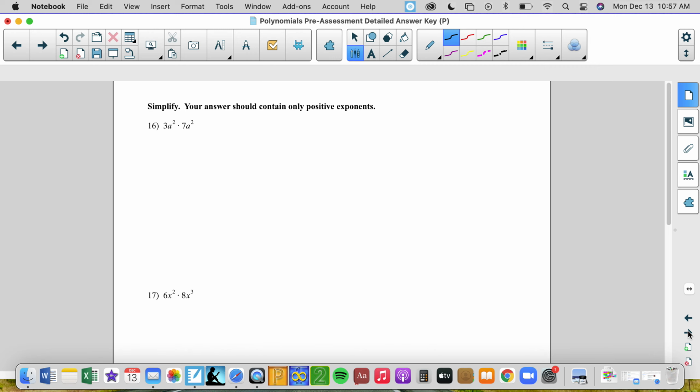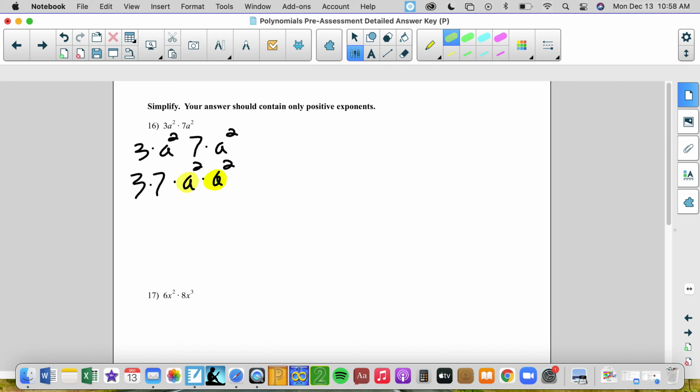All right, now multiplying. This is where you have to be careful about all the little steps that you were just doing and understanding that multiplication is going to be a little bit different. So this is just like 3 times a squared times 7 times a squared. And we're going to multiply the 3 times 7 and the a squared times a squared. And we're multiplying the a squared times a squared because they have like bases.